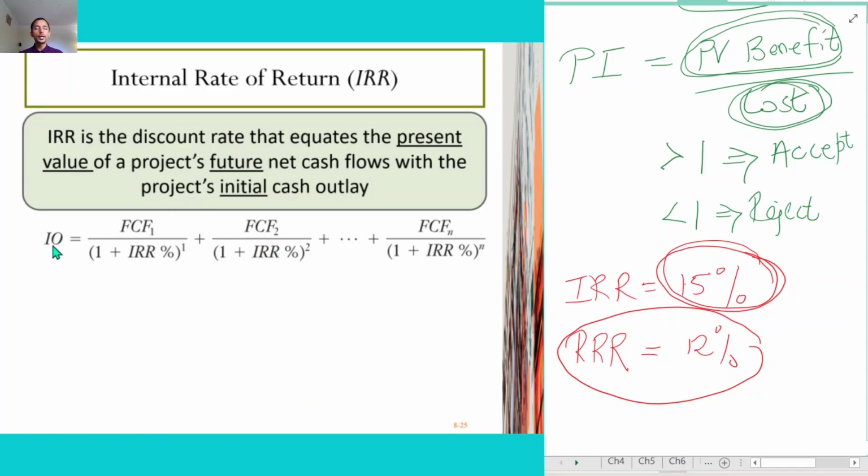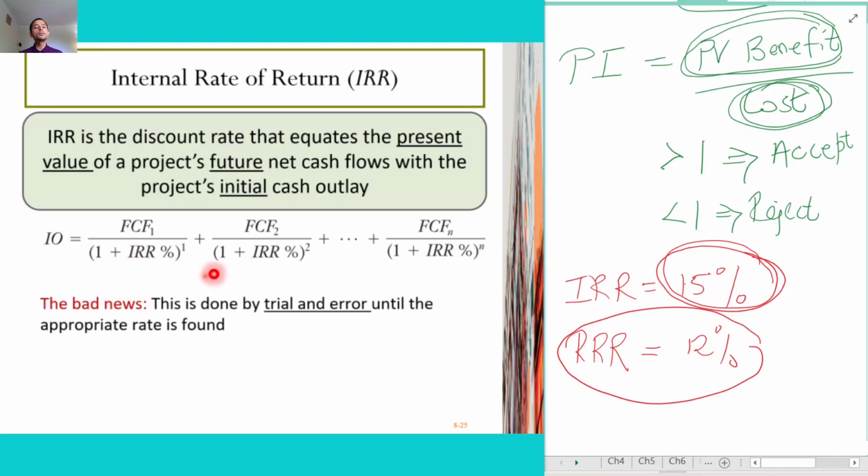Your initial outlay, the cost, equals the present value of all of the cash flows: future cash flow 1, cash flow 2, up to cash flow n, each divided by 1 plus the discount rate. All we are doing is finding the present value of the cash flows and equating it with the initial cost. When you do that, you find the IRR, this rate of return.